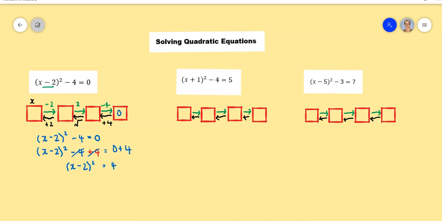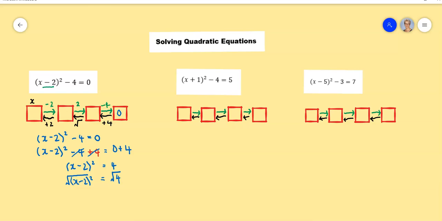Now, the next thing I've got to do to both sides is take the square root. So I'm going to take the square root of X minus 2 squared, and I have to take the square root of 4. Now, when I take the square root of 4, I actually have two solutions. The square root of 4 is positive 2 and negative 2.